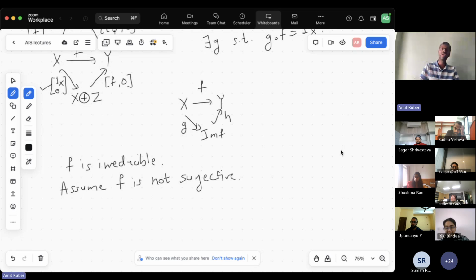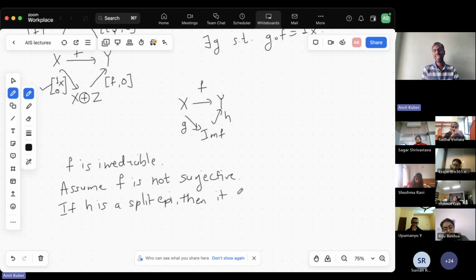It's not surjective. Okay. So f is irreducible means there are two options: either G is a split mono or H is a split epi. Correct? So if H is a split epi, I mean, this is a simple exercise, then it is an iso.